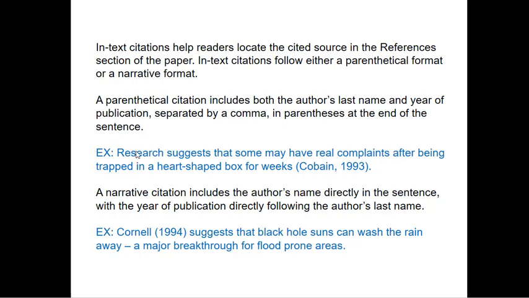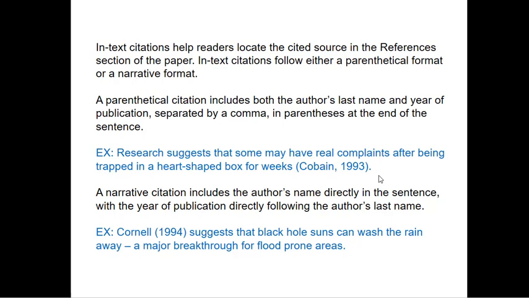So you would just paraphrase something from an article, directly quote something from an article, and you would put the author name, so it's going to be last name, comma, space, and then you're going to put the year of publication. And you're going to put those in parentheses, and the period is always going to come after your parenthetical citation for the in-text citation area there.